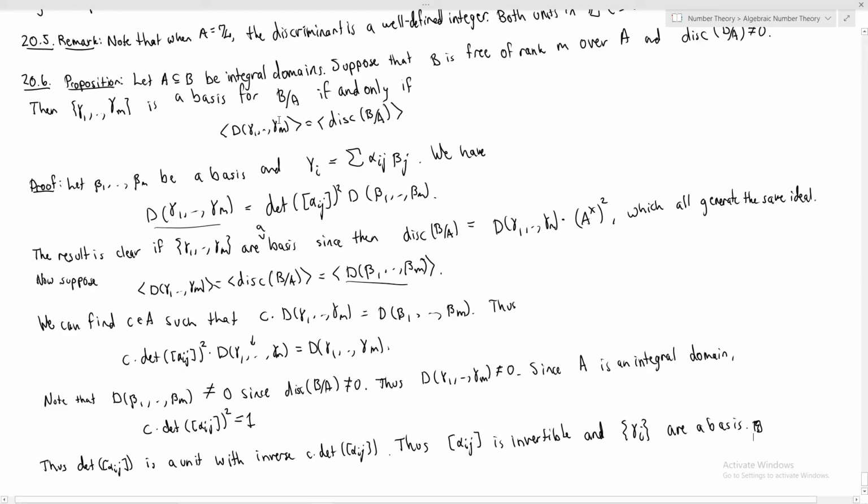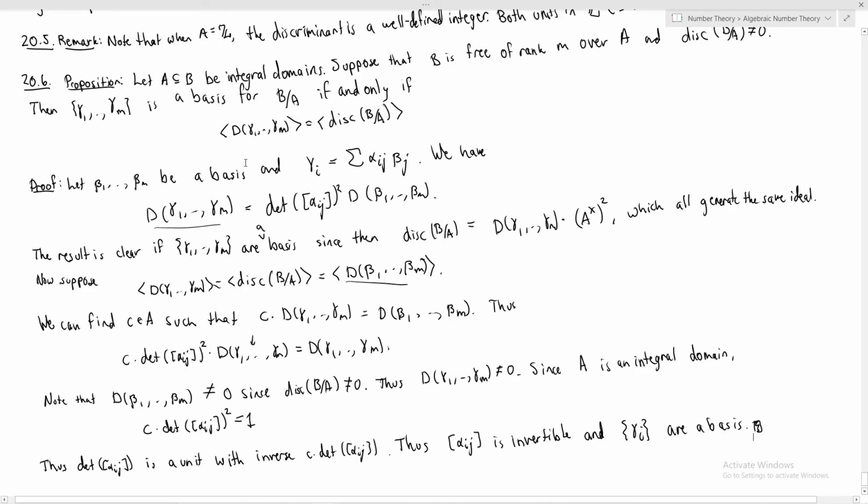The other direction is basically if these two things generate the same ideal, then they more or less have to differ by a unit. And if two things generate the same ideal in an integral domain, then those two elements differ by a unit, and it turns out that this forces the determinant of this matrix to be a unit.